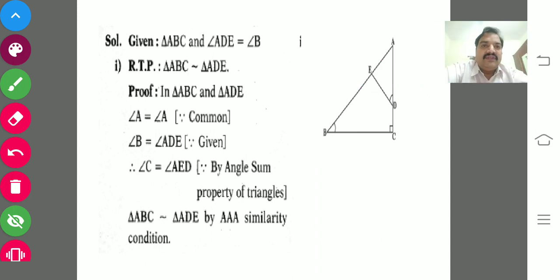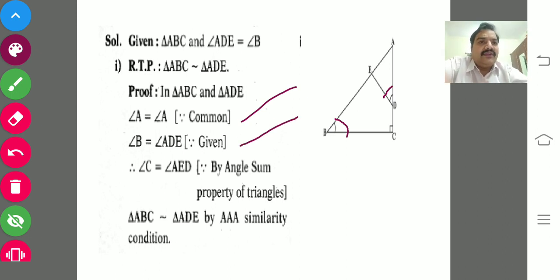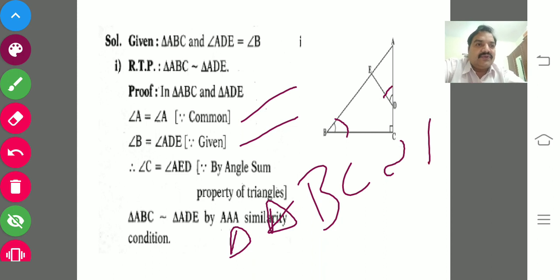The second one, no need to do anything. It is given in the question. So in triangle ABC, angle B, and in triangle AED, angle D is given. So the first one is a common property, the second one is given, and no need to find the third one. You can write directly: triangle ABC is similar to triangle ADE by the AA criterion.